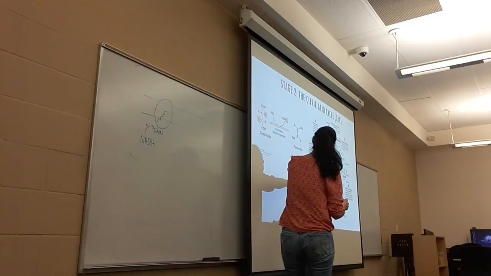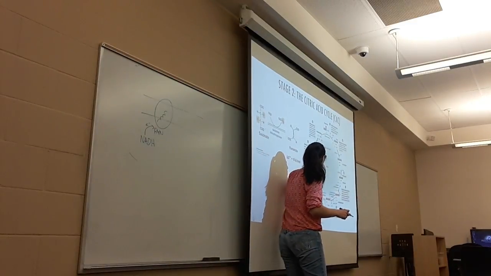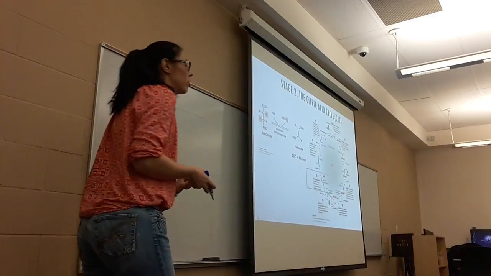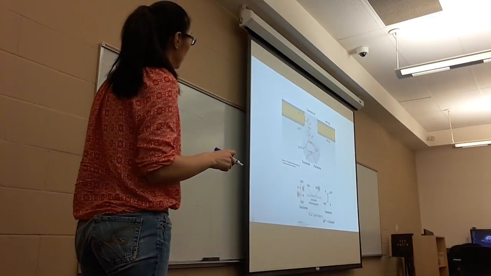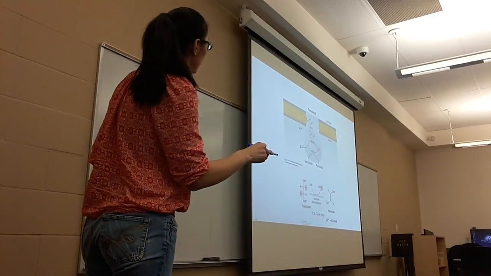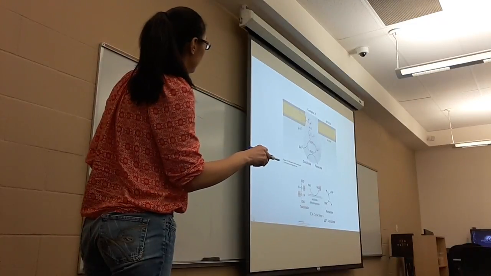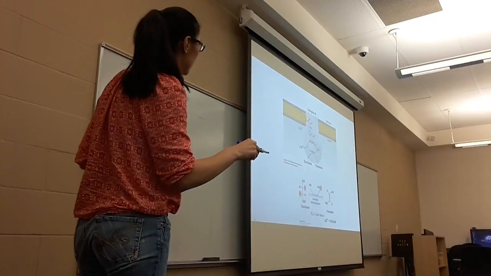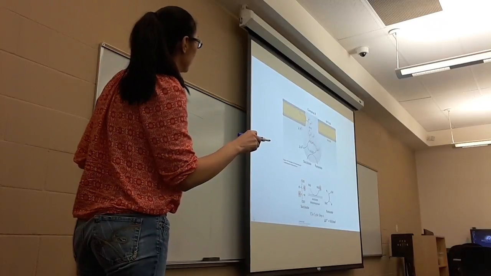And this formation of FADH2 goes directly into the electron transport chain. So succinate to fumarate from the citric acid cycle makes an FADH2.